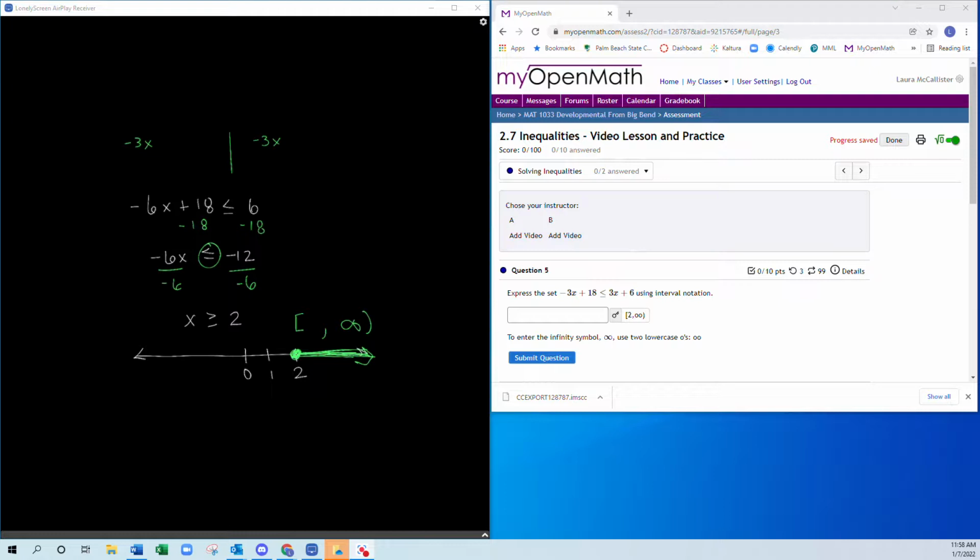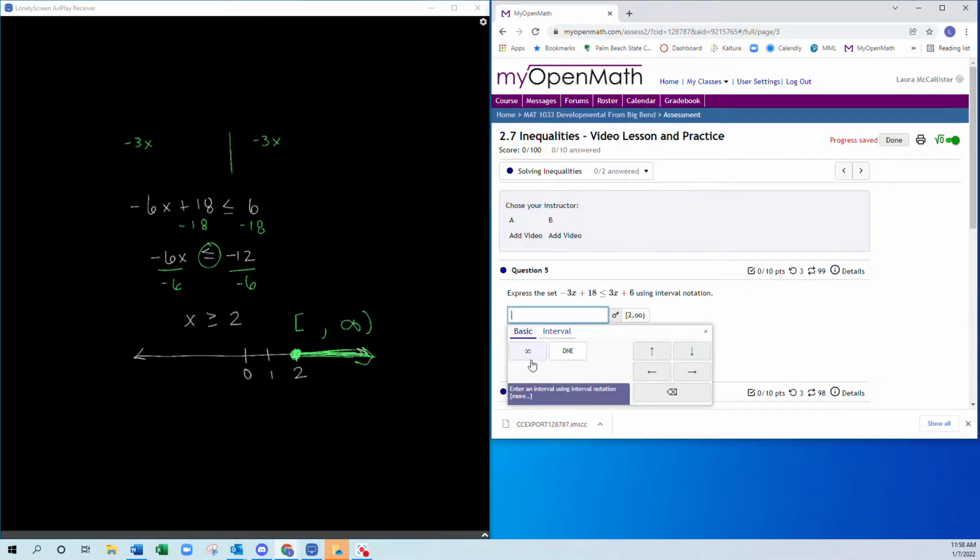Now, to enter this into OpenMath, go ahead and click on the question. So here is where we put the bracket in. It just goes from 2. I didn't write my 2 in there, let me put my 2 in there. It goes from 2, comma, and we do have the infinity symbol here.